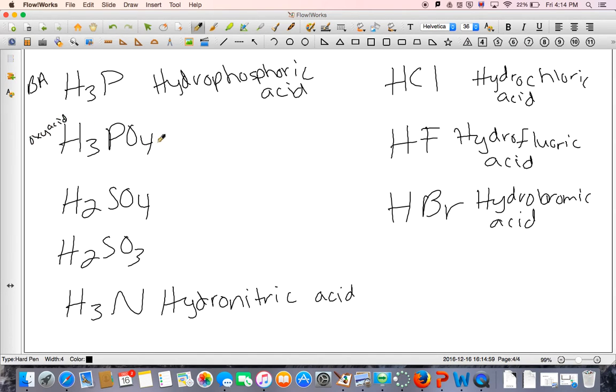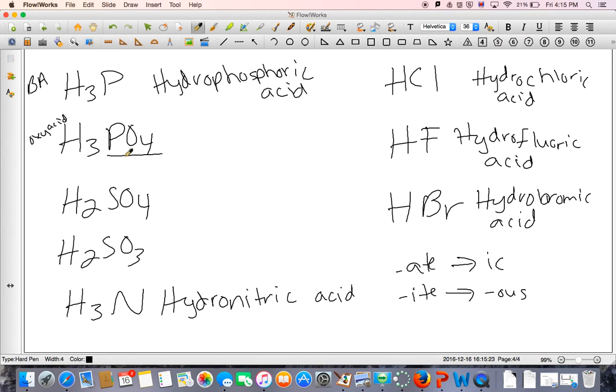Okay? If you have more than 2 capital letters, you have what's called an oxyacid, because it has a polyatomic and it's going to contain an oxygen. The rules for the oxyacids is, if your polyatomic ended in "ate", you're going to change that to "ic". If your polyatomic ended in "ite", you're going to change it to "ous". So no hydro on the oxyacids. That's the biggest thing you've got to look at. PO4 is all I'm looking at.